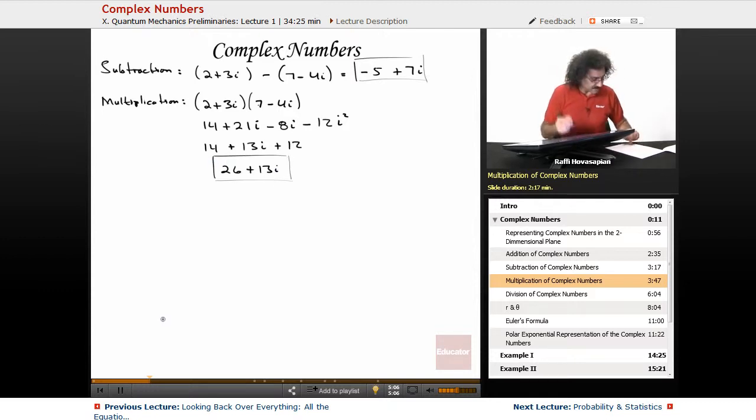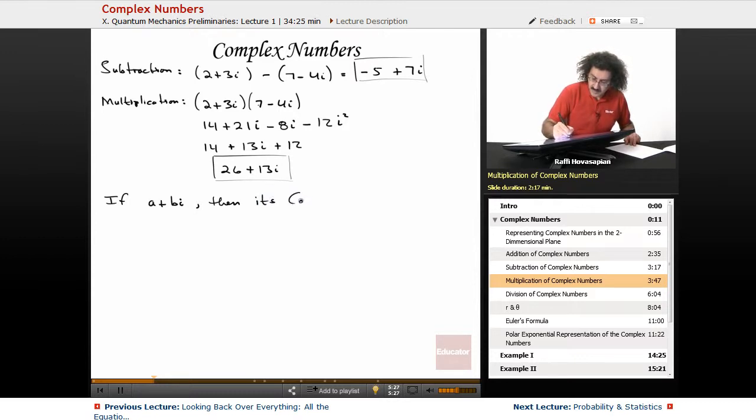Just multiply it out. Okay, now before I do division, I want to introduce the notion of the complex conjugate. Well, if a plus bi is a complex number, then its complex conjugate, which is denoted as z with a little asterisk on it, z star, is equal to a minus bi.